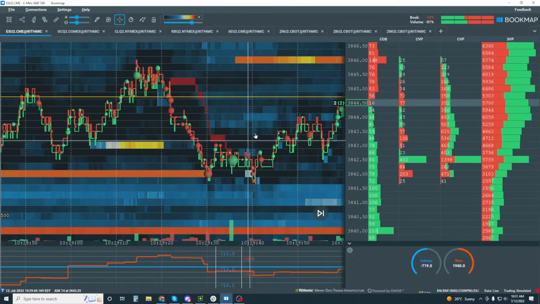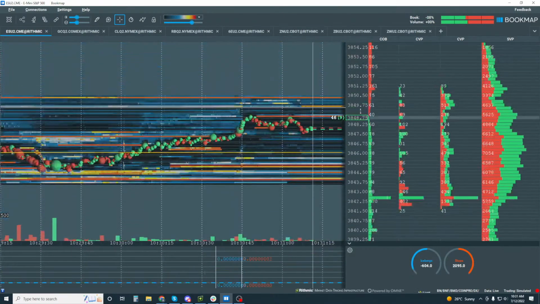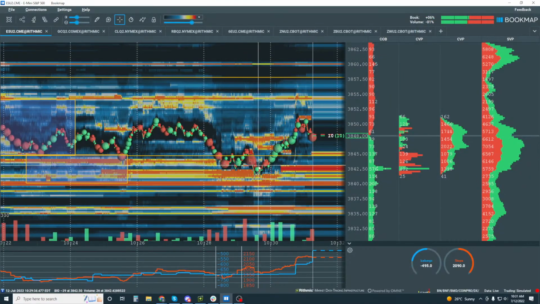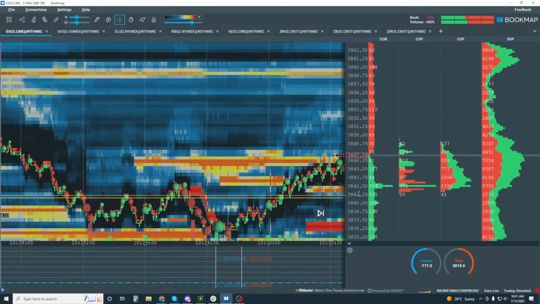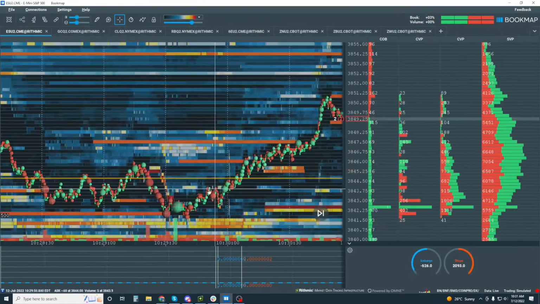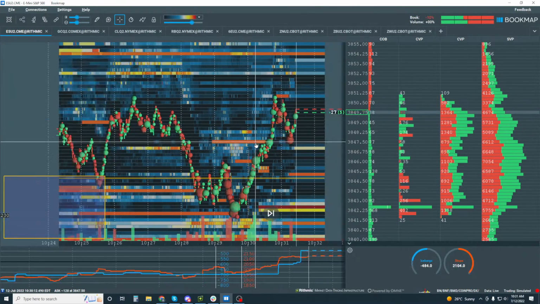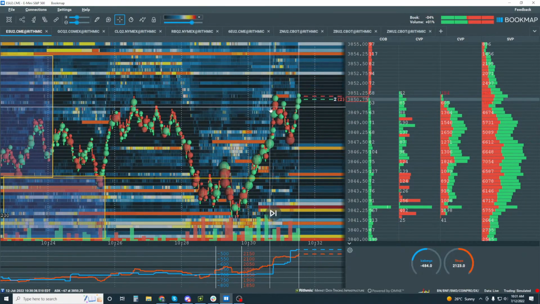I don't know. But we know he transacted, and we know we found buyers down here. That helped us understand that. And then we're talking about maybe the possible short squeeze to the upside here, and here are the stops.